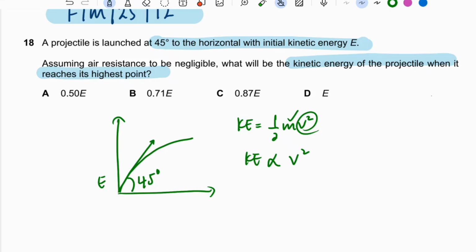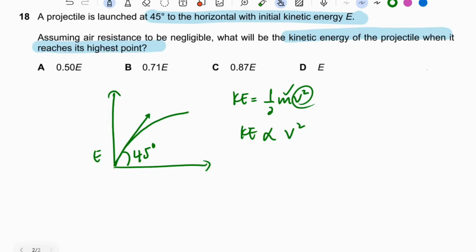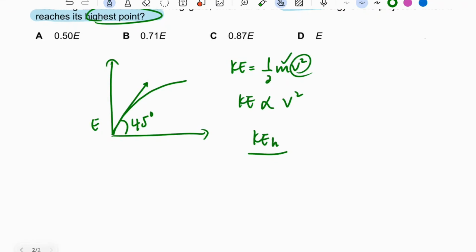Right. So what we're going to find is the kinetic energy of the projectile when it reaches the highest point. So I'm going to name that KEH, H as in the highest point, divided by KE initially.